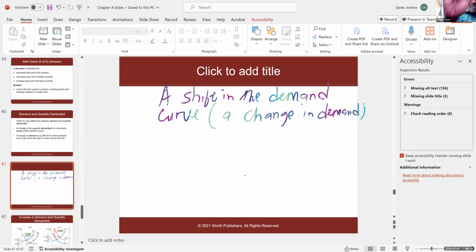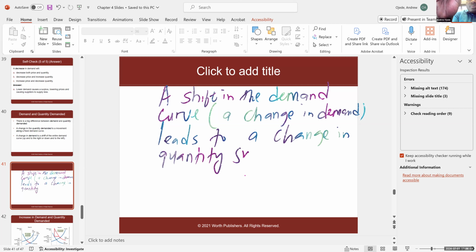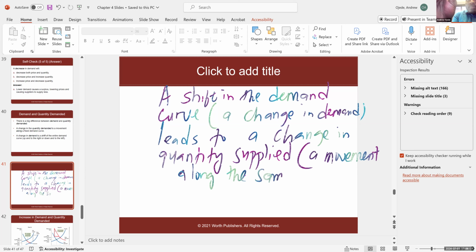A change in demand leads to a change in quantity supplied. When I say it leads to a change in quantity supplied, that means it leads to a movement along the same supply curve.